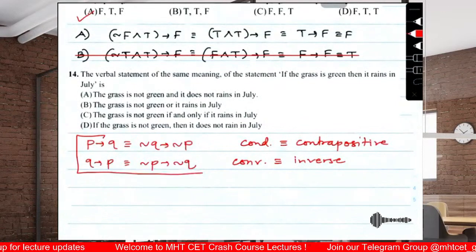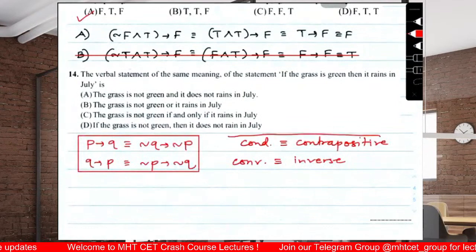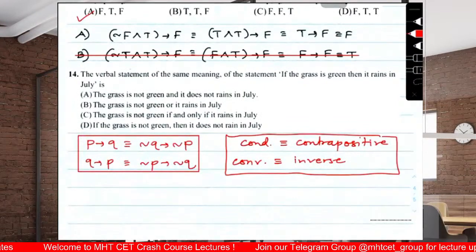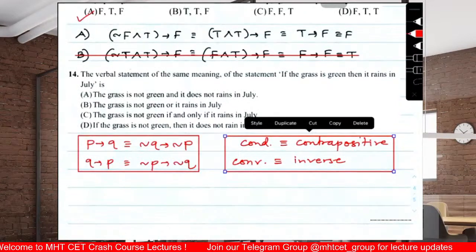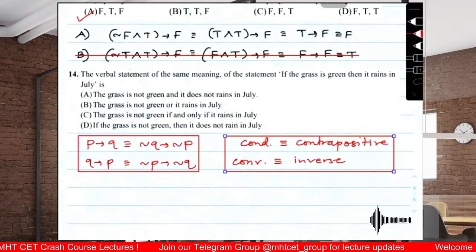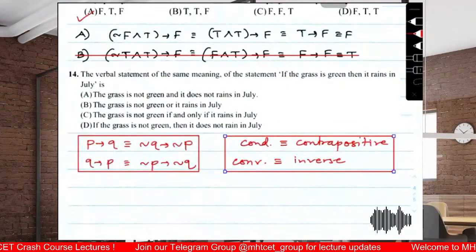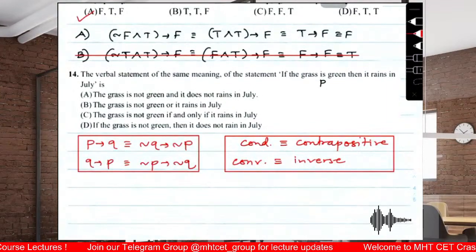Okay, so tell me the answer of this. B, right? Because grass is green को अगर P बोलते हैं हम लोग and it rains in July को Q बोलते हैं.